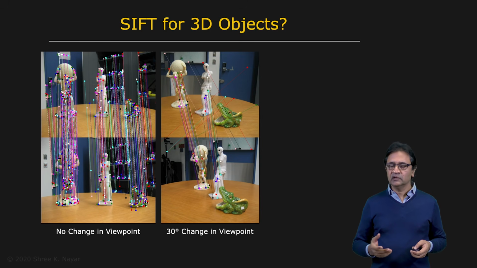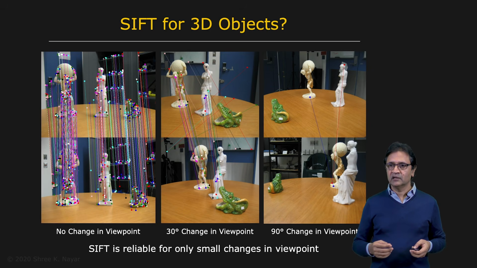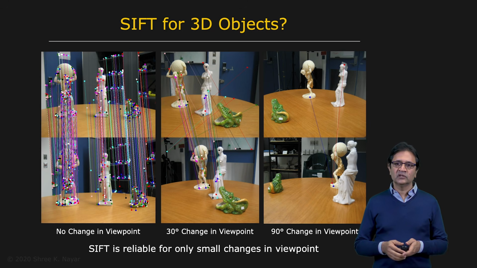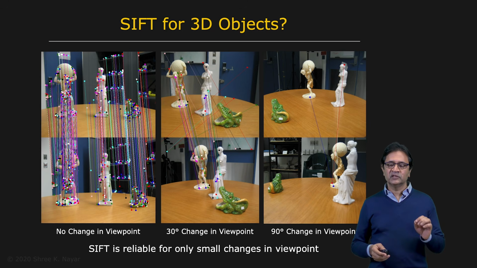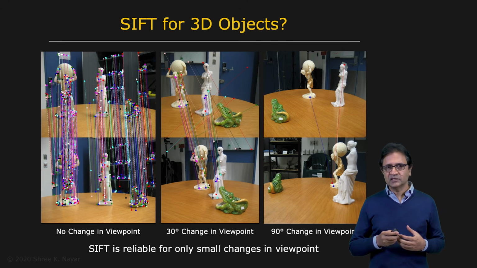And if you keep going, as you would expect, here you have a 90-degree change in viewpoint. You hardly get any matches at this point. So all this to say that SIFT is reliable only for small changes in viewpoint. But that said, it still is an extremely useful and widely used detector in computer vision.